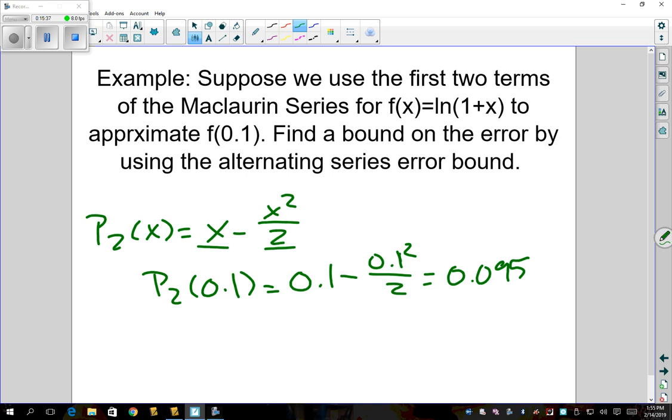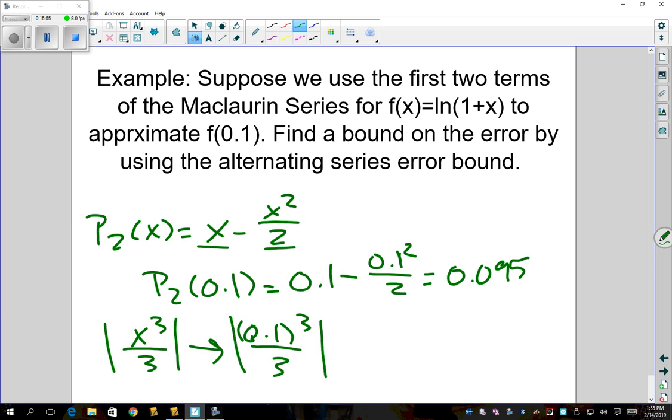So basically all I need to do is look at the absolute value of the third term. So I need to look at the absolute value of x cubed over 3 at 0.1. So I'm going to take 0.1 cubed over 3.